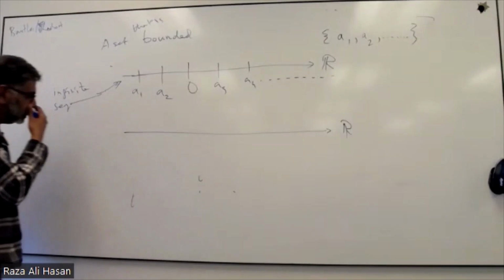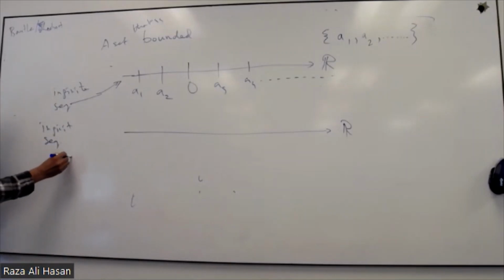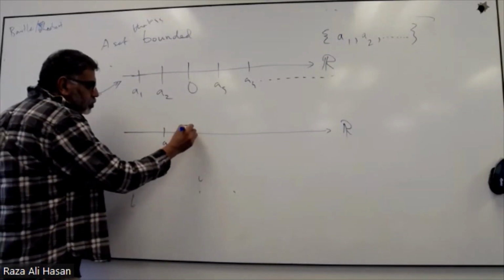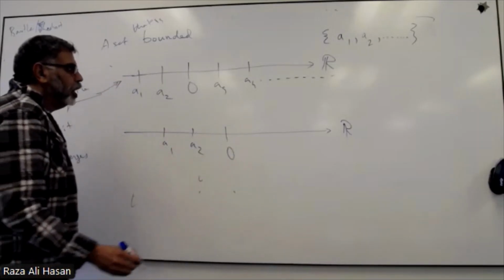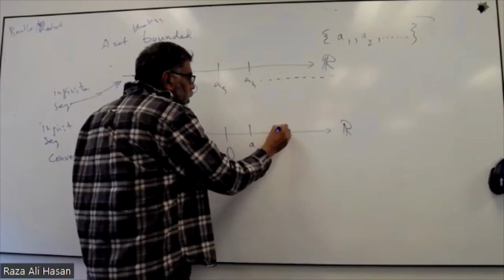Here is another infinite sequence. I'm going to put it on the number line, but this time this is an infinite sequence that also converges. We've all seen that already, right? So we have A1, A2, let's put 0 here, and then A3.